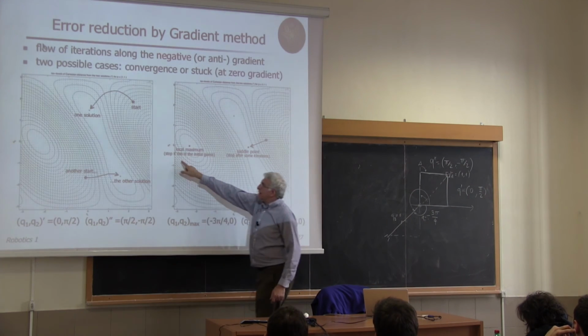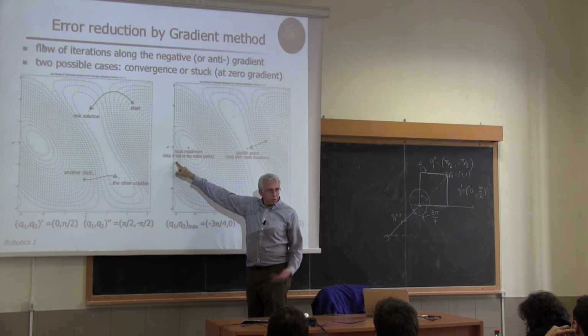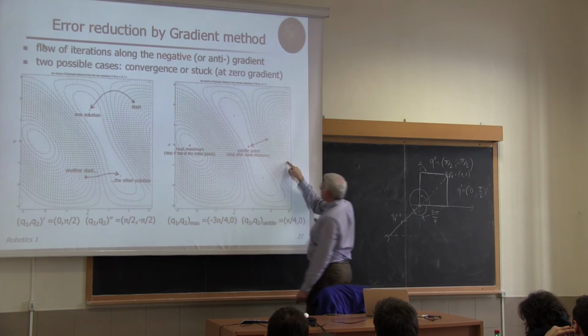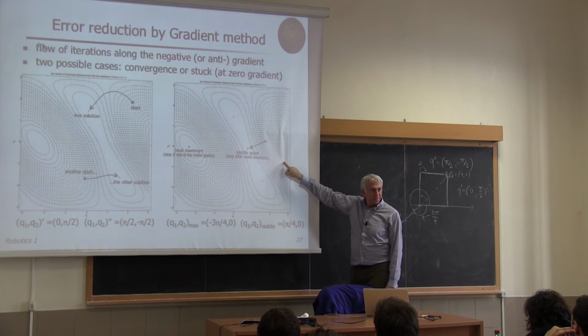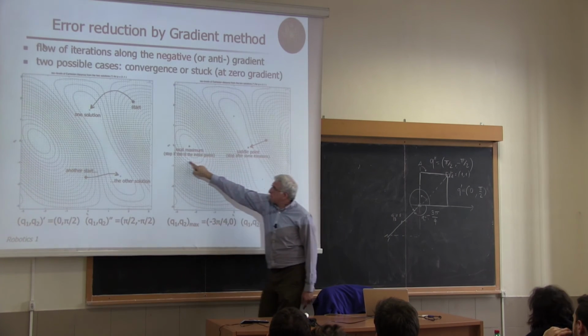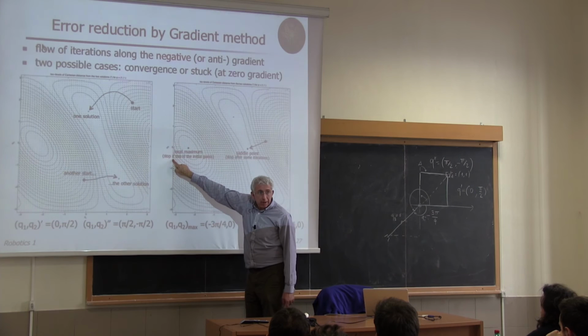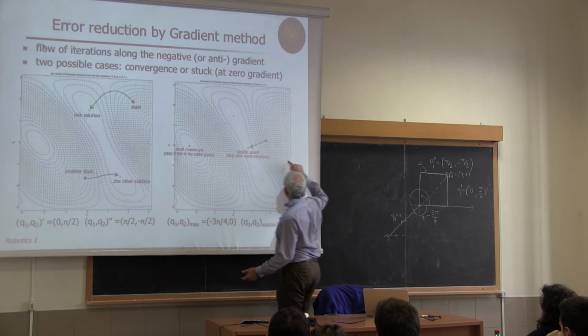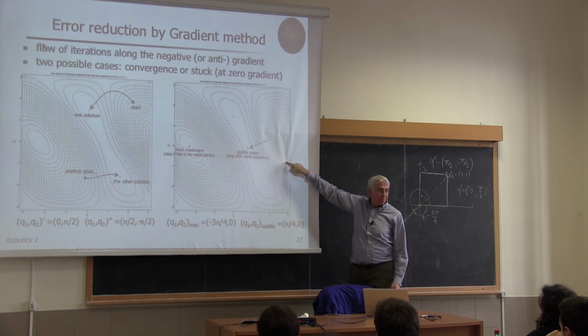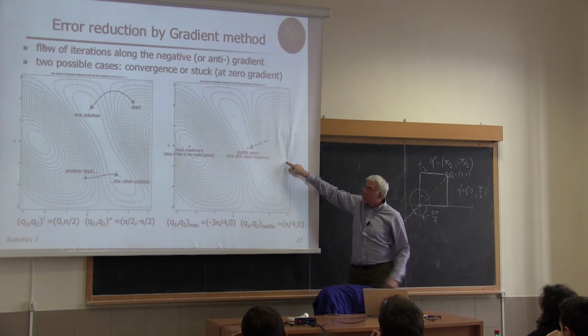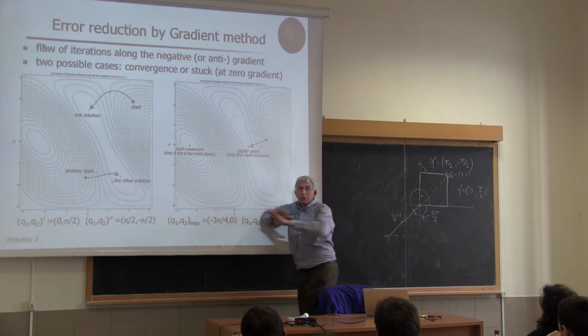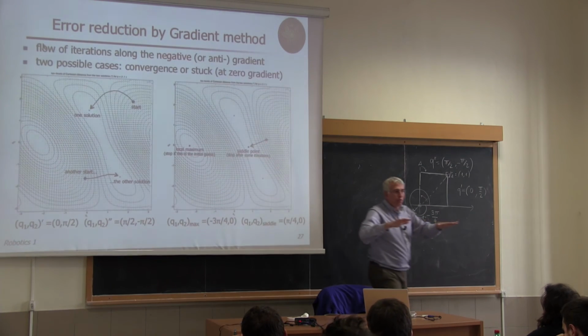Remember that the point that is here, Q1, Q2, is very close to a point that is here. Because this is almost minus pi plus epsilon, which is pi plus epsilon. Okay, or minus epsilon. So in fact, here I'm showing things in R2.